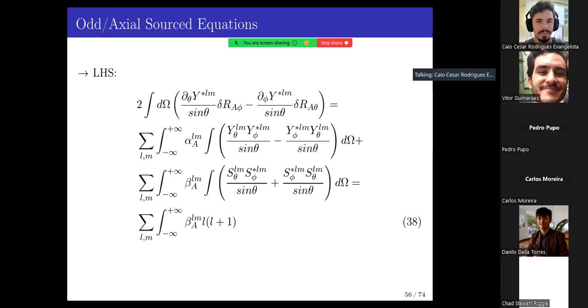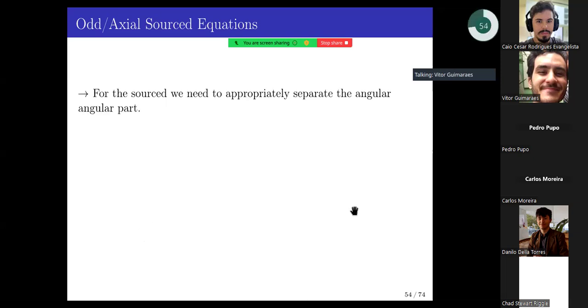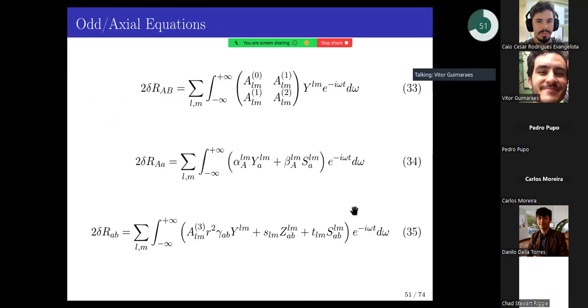There's a question. João Pedro has a question now. Please, can you remind me who are alpha and beta? Who are alpha and beta? Oh, okay. Let me remind you. Alpha and beta are the vectors that contain the first and second derivatives of the even metric perturbations and the odd metric perturbations.